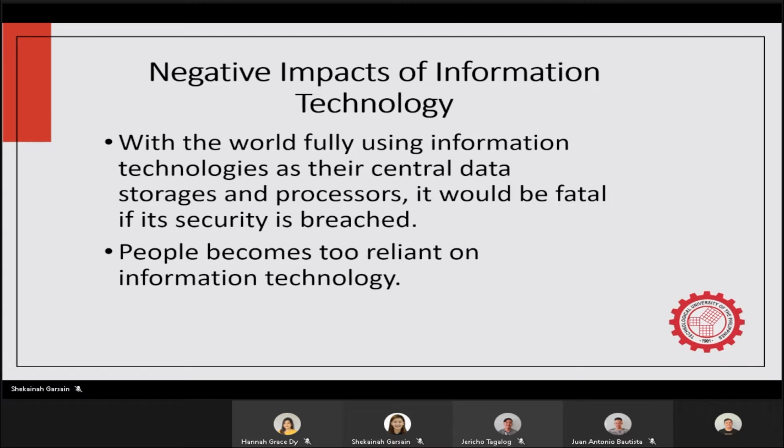Yun yung disadvantage ng masyado tayong nakatingin, iniisip natin masyado tayong protektado sa mga hinahawakan nating accounts na andun lahat, nakastore lahat ng data natin.